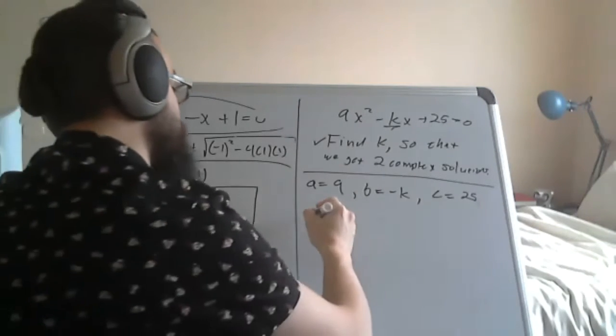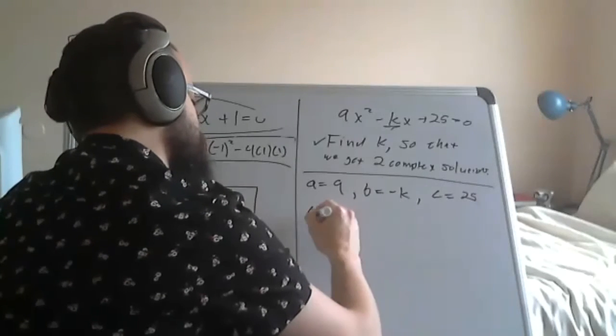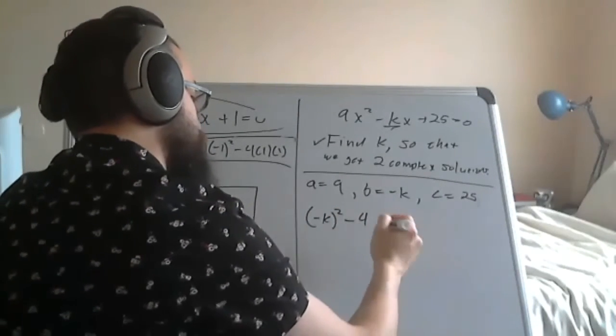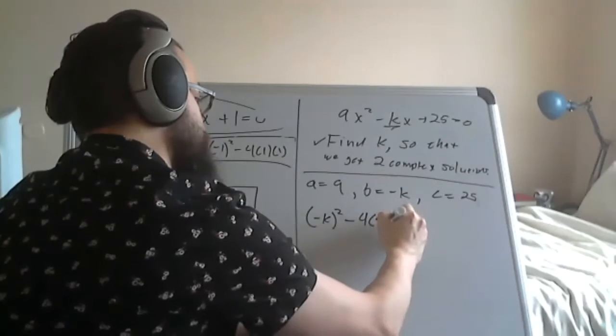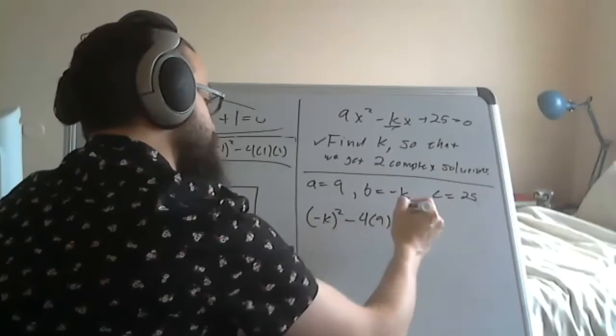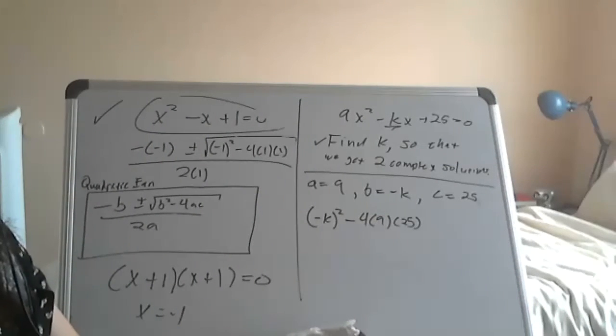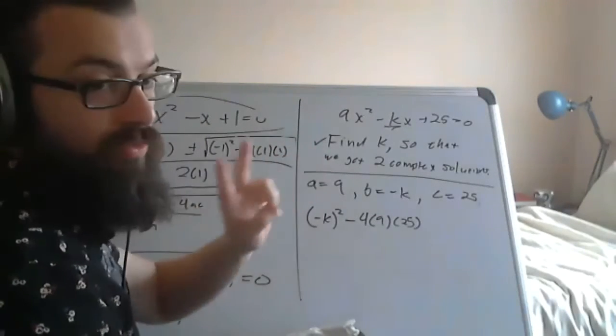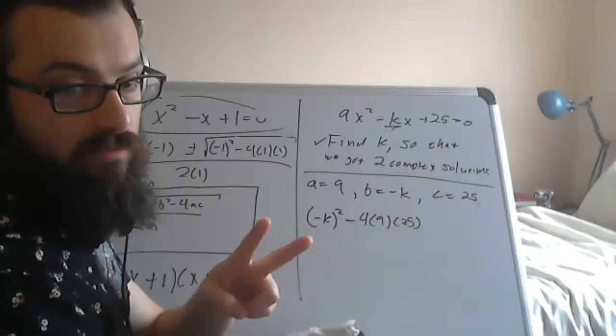So it's b squared, which in this case is negative k squared, minus 4 times 9 times 25. Now we want to get two complex solutions.